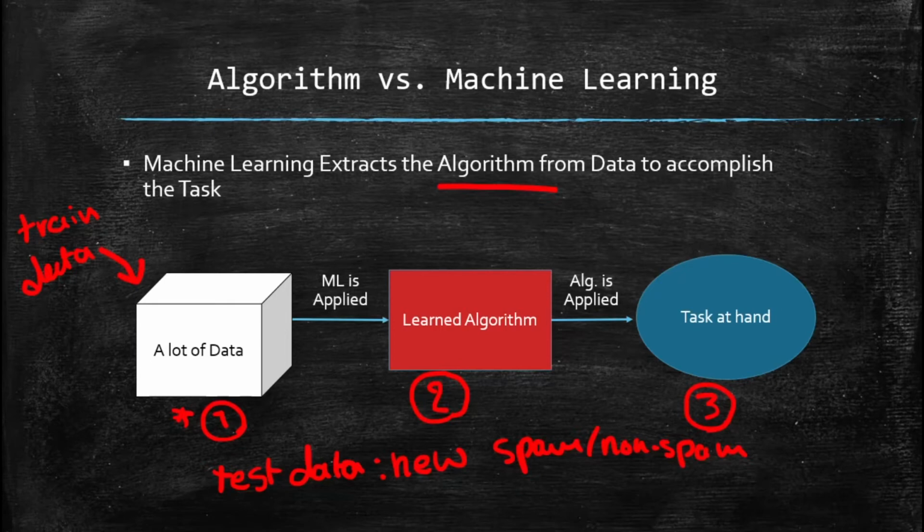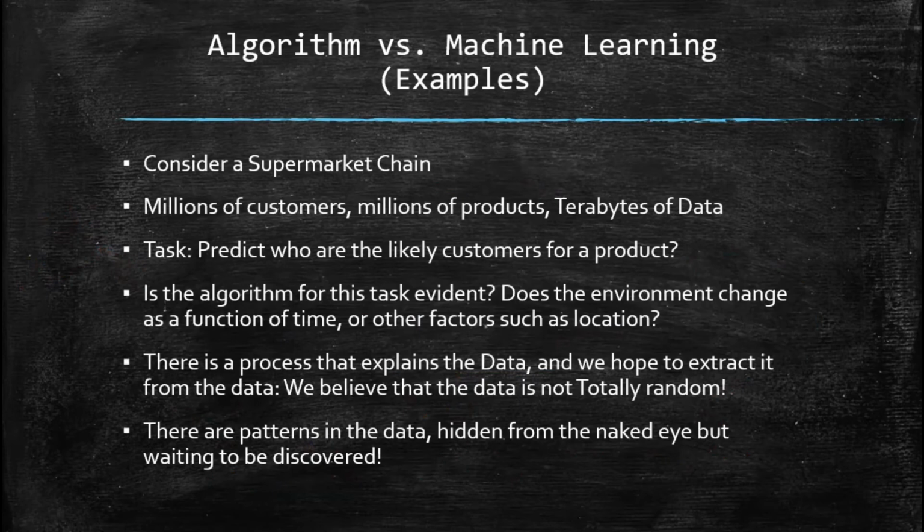We can't even explain that pattern. Since we can't explain it, we cannot come up with an algorithm to explain it, and if we cannot come up with an algorithm, it means we cannot come up with a set of instructions. It means we cannot program it, so our computers cannot follow it. So we believe that there are patterns in the data hidden from the naked eye, but waiting to be discovered.